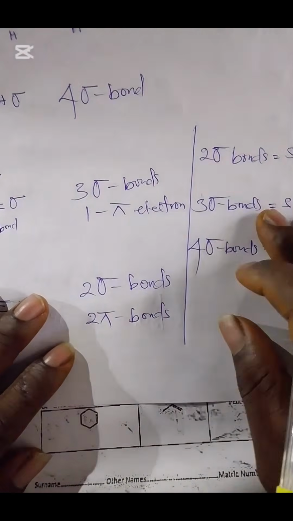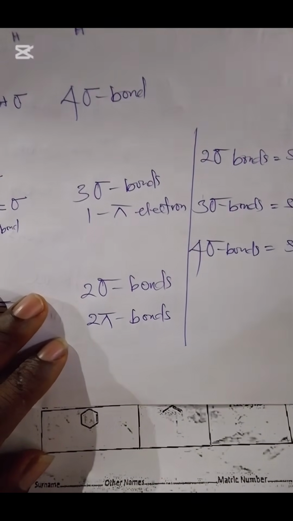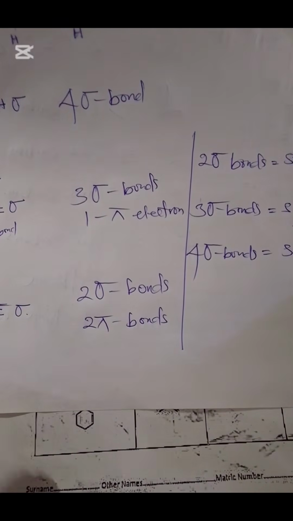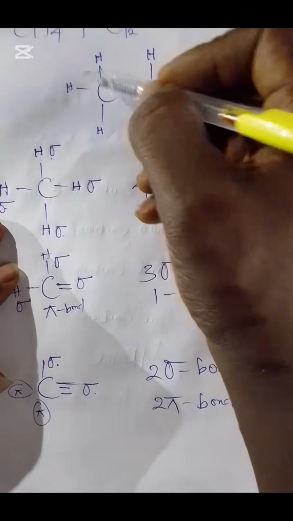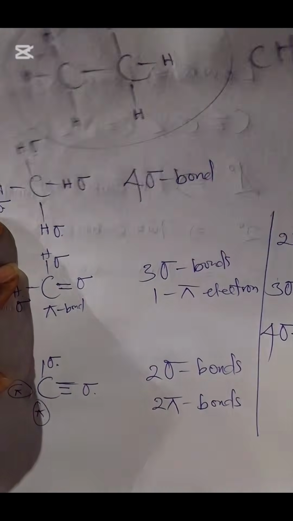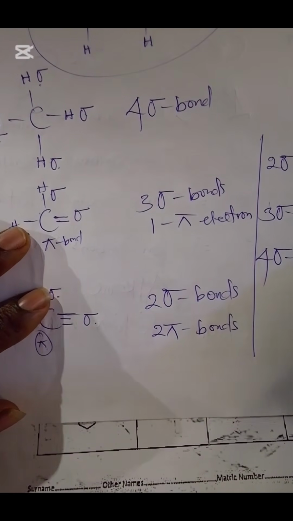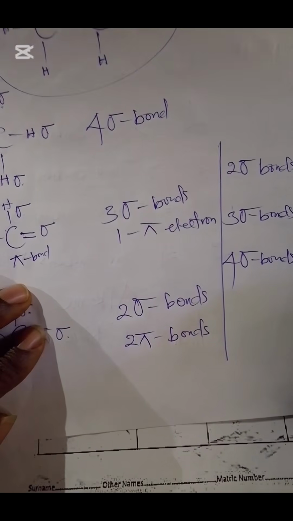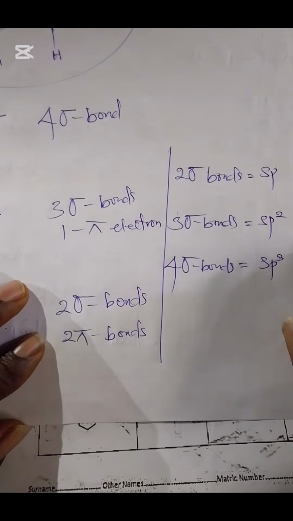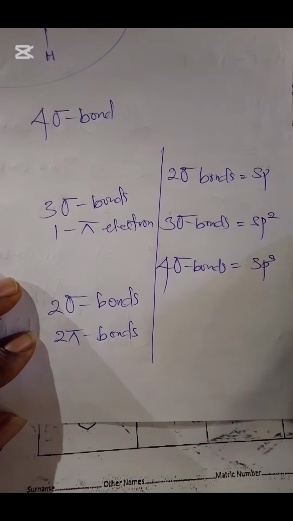Since each carbon in ethane has 4 sigma bonds, and this is a carbon-carbon single bond, the best example of an alkane, each carbon is sp3 hybridized.